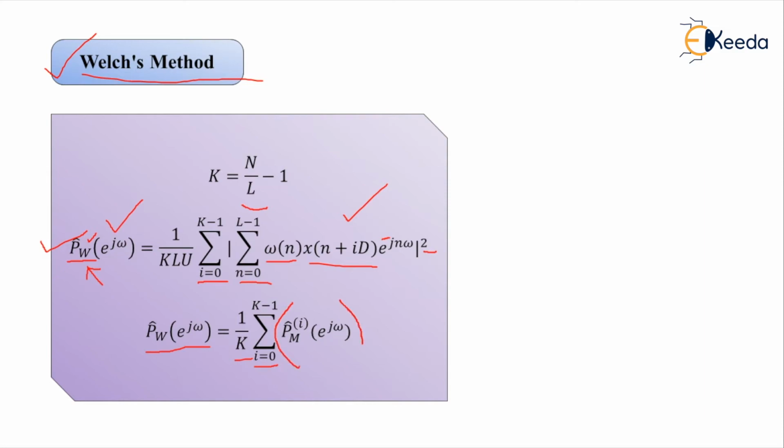So this is nothing but the power spectrum estimation from the modified periodogram method. Here capital P cap suffix M represents the modified periodogram. We have the ith value here, and it is of course a function of e to the power j omega. Both the representations for the power spectrum estimation by the Welch method have now been presented.